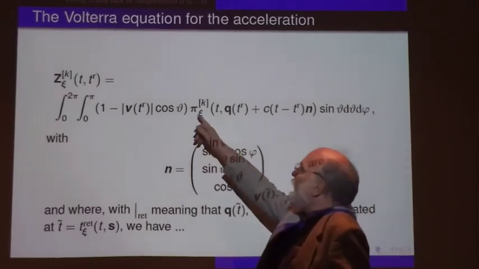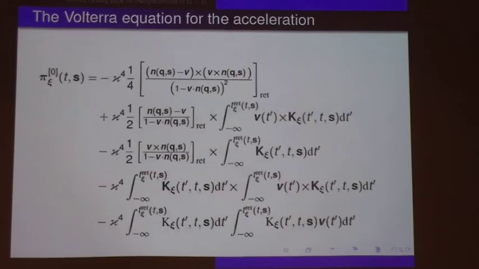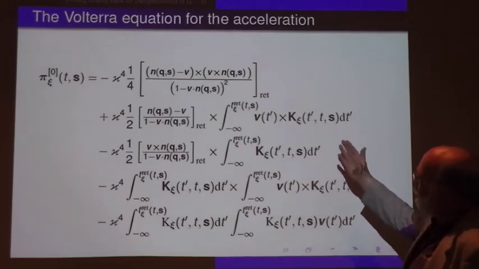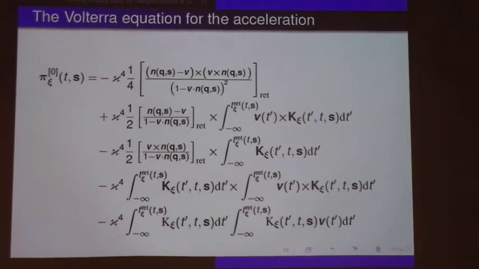And then there are these funny pies that one has to work out, and they are here. There is pi 0. Don't worry, I'm not going through this, I just want to point out you don't see any blue color in that formula. It's a long expression.